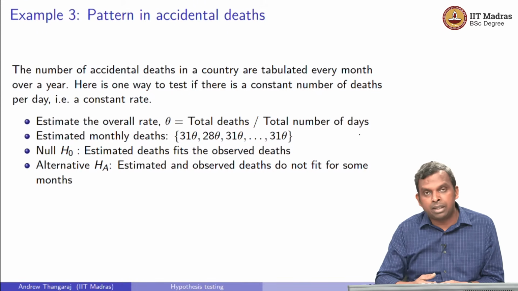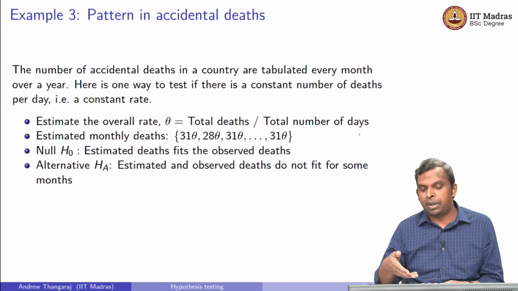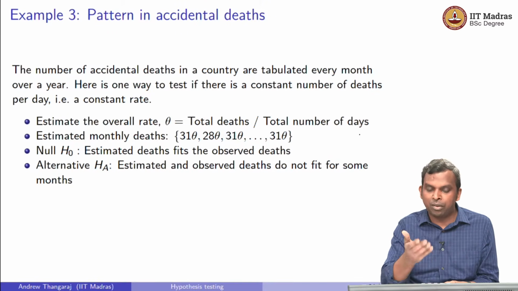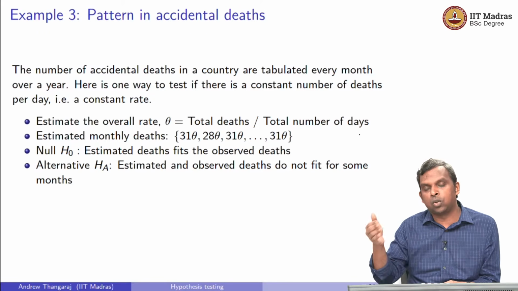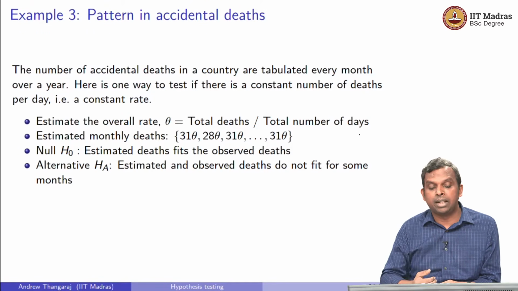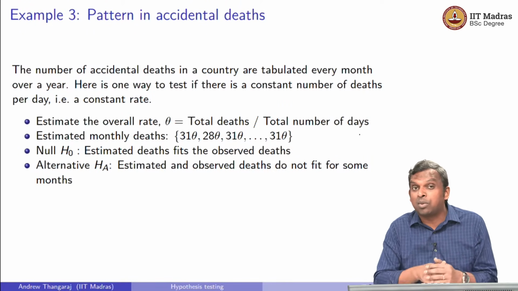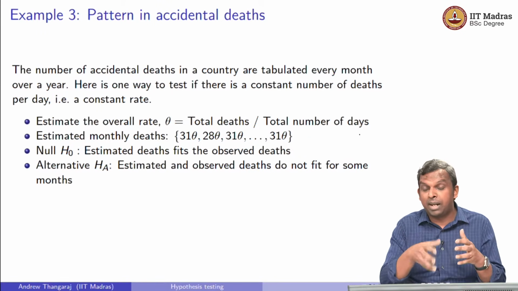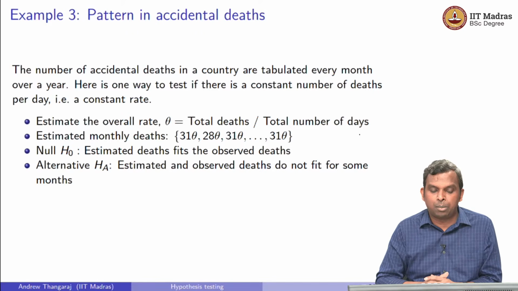In January it will be 31 theta, in February it will be 28 theta or 29 theta depending on the year. And then you have 31 theta for March, and so on. In December you will have 31 theta. So this is what I meant by saying some sort of a multinomial distribution in some sense. So there's one theta and the estimated monthly deaths are multiples of this.